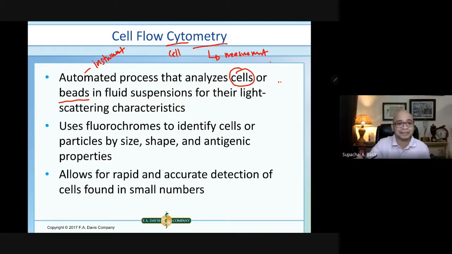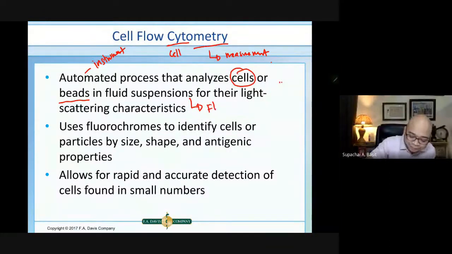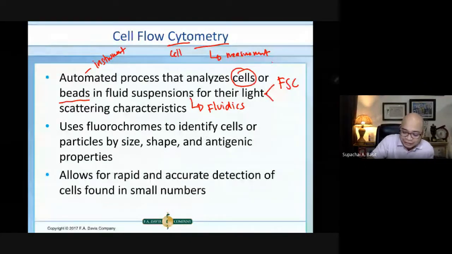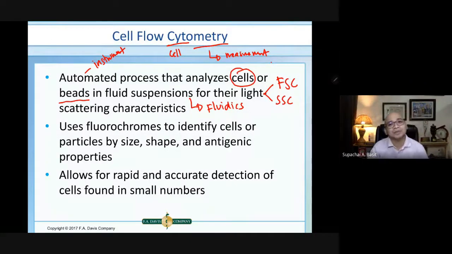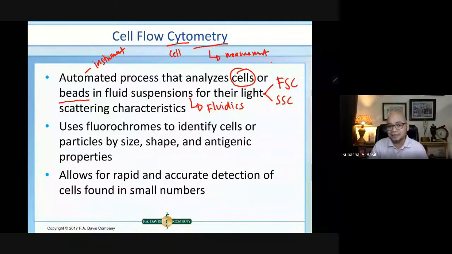Okay, so these particular cells are suspended in a fluid suspension, so we call this fluidics, for their light scattering characteristics. There are two types of light scatter in flow cytometry: the forward scatter and the side scatter. Later on, we will be discussing the difference between the forward scatter and the side scatter.